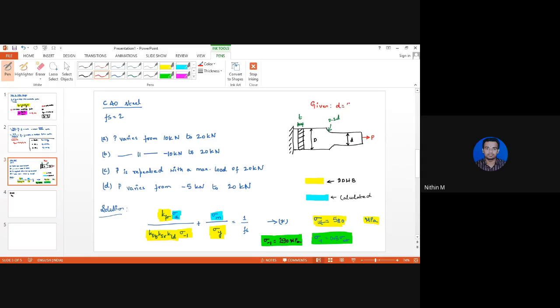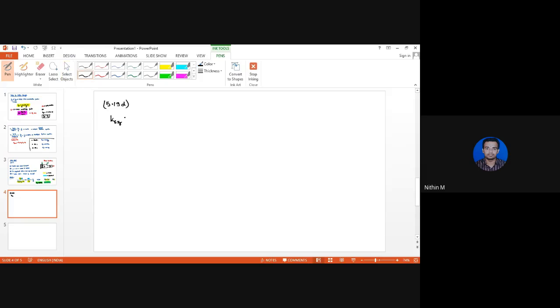Now, from equation 5.19D, if the diameter is 50 millimeters, the size factor is given to be 0.8.